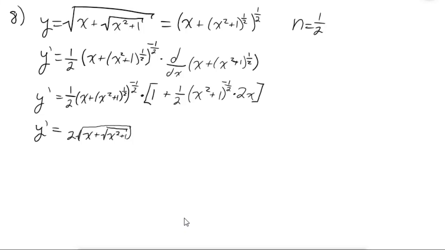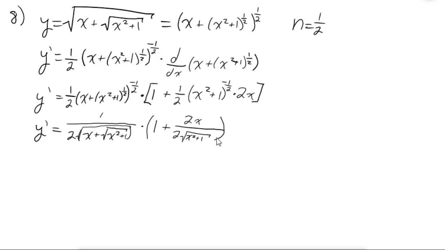Well, that was a funny looking square root, but that's what we're dealing with right now. Over 1. And we are multiplying it by 1 plus 2x, because we're multiplying 2x, over 2 times the square root of x squared plus 1.